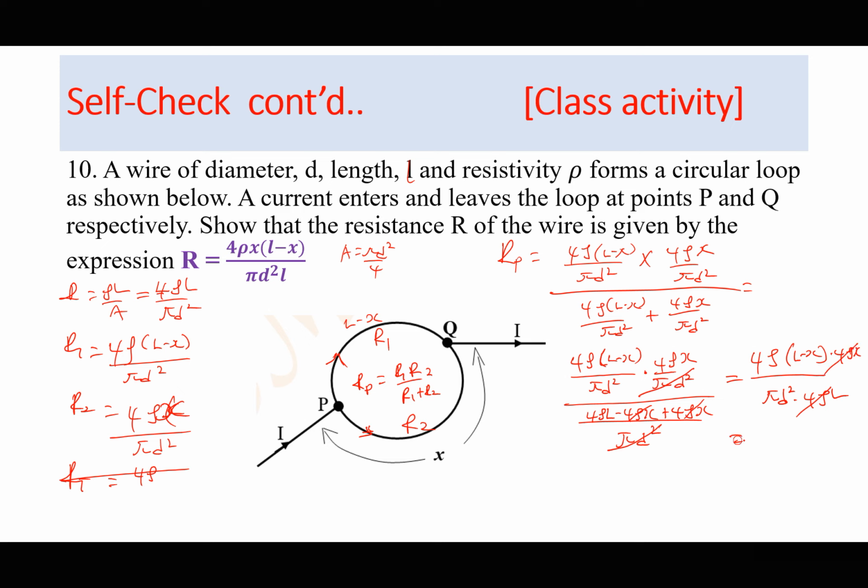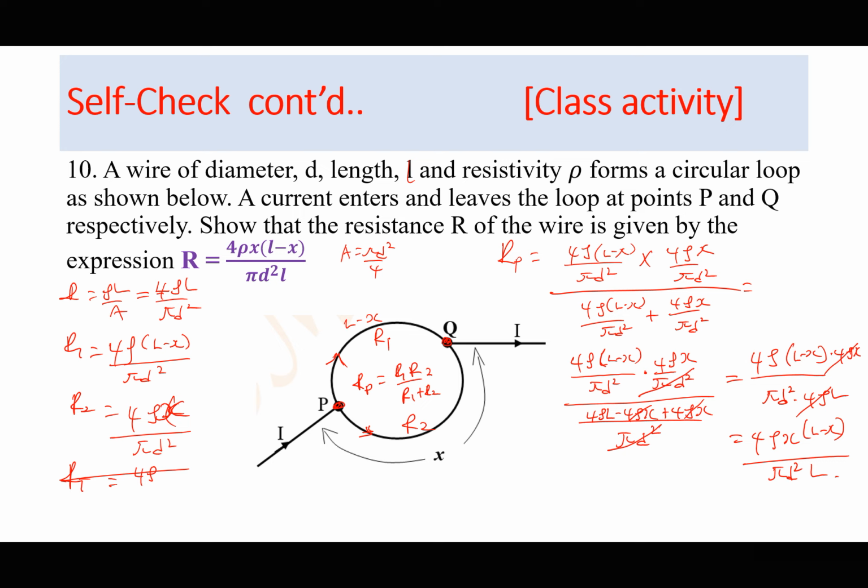Then we remain with 4 rho X into L minus X divided by pi d squared and L, as required. So I just used the concepts of resistors in parallel, because if the current divides from here, the two parts of the wire behave as if they are resistors in parallel.